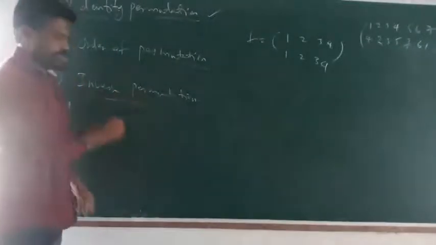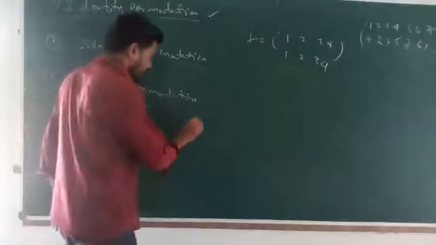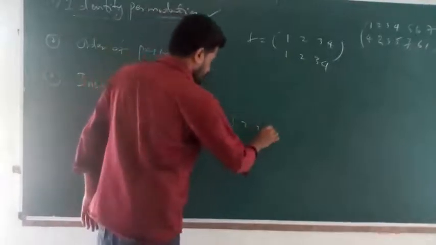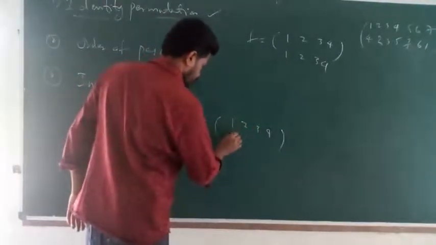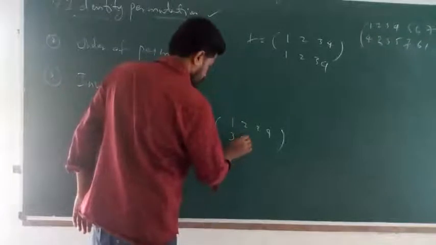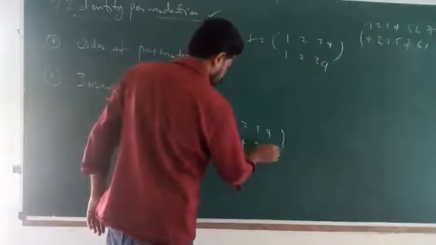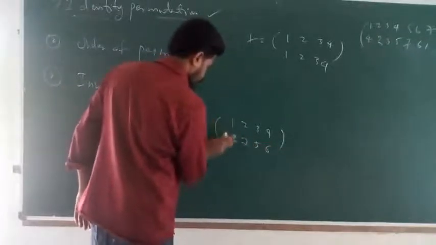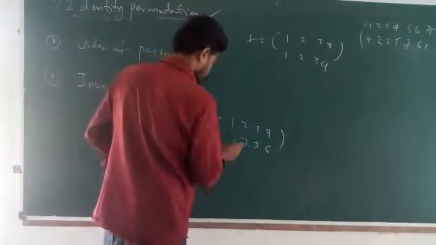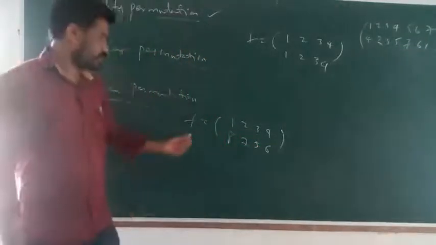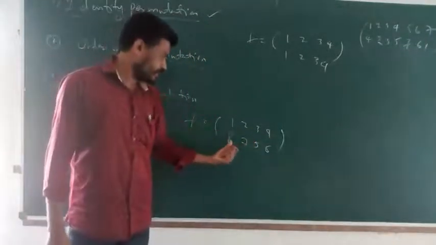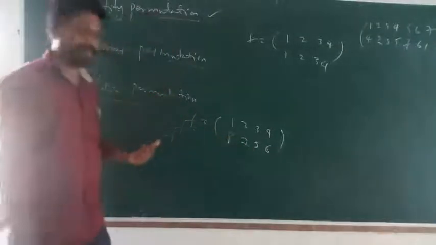Next, inverse permutation. First we select one permutation. Example: first row 1, 2, 3, 4, second row 8, 7, 5, 6. This is a permutation.